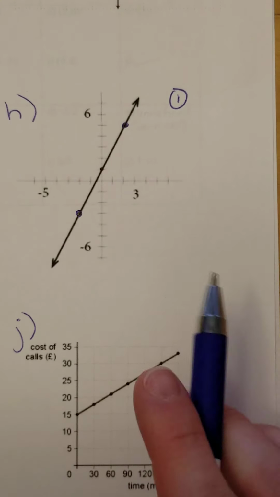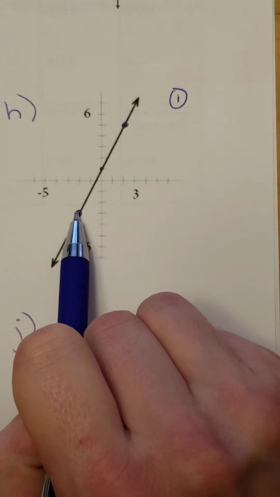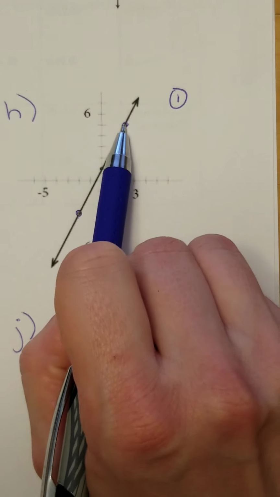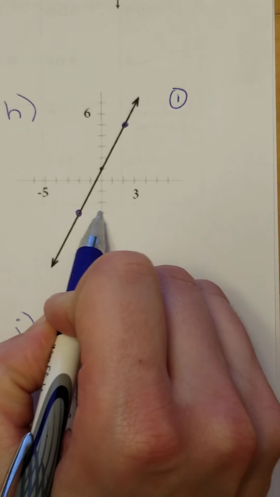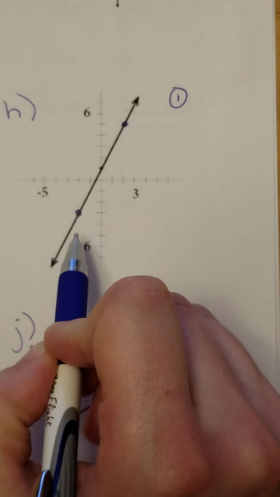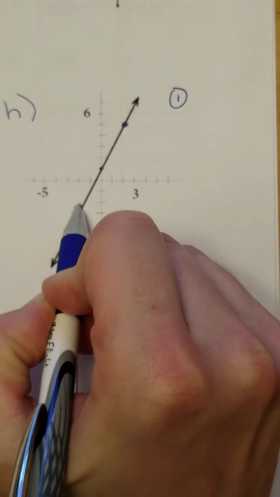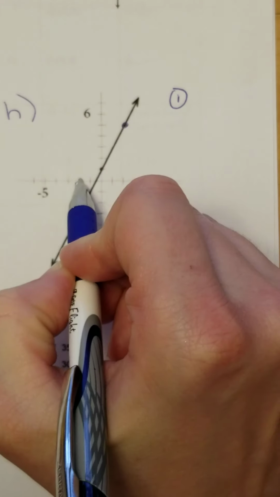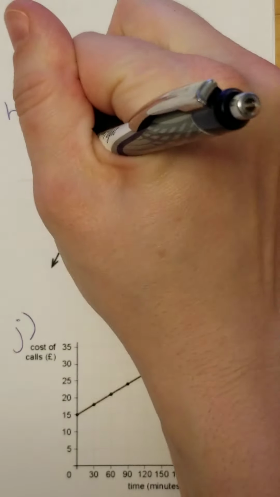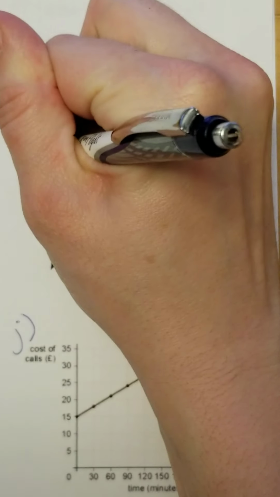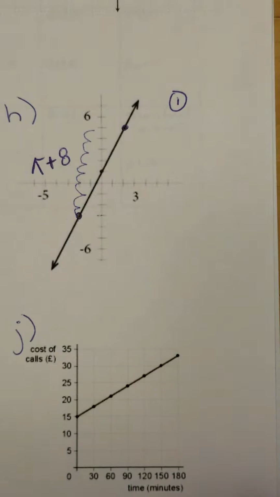So again, we're doing rise over run. So if I start here, I have to rise up a whole bunch before I can start my run. So if I start here, and I'm kind of using this tick right there as my starting point, I have to rise 1 tick, 2 ticks, 3, 4, 5, 6, 7, 8. I have to rise 8 ticks. And remember, when we go up, that means +8.